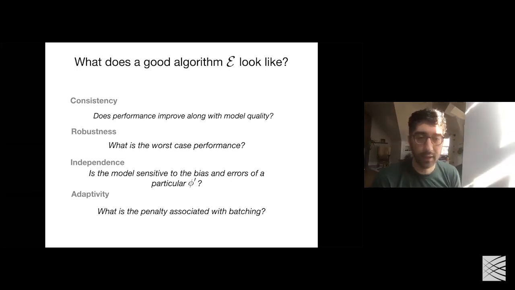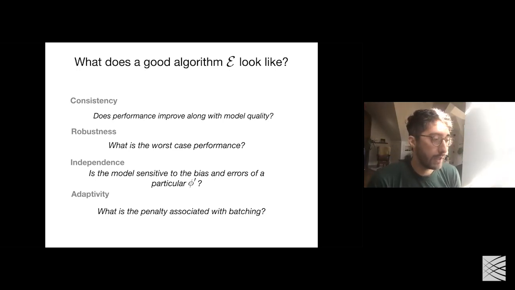And in this case, I have the maximum amount of information when I go to the 1,000th sample. The other extreme is that I have to sample all 1,000 things at once. And so the question is, what is the penalty I pay when I batch things together, depending on how many batches I have? So that's the concept of adaptivity.